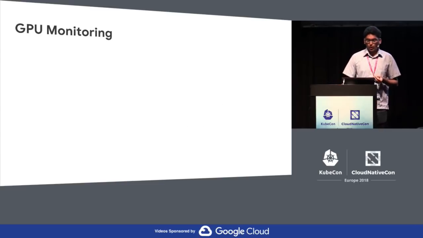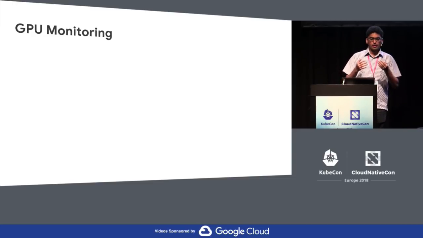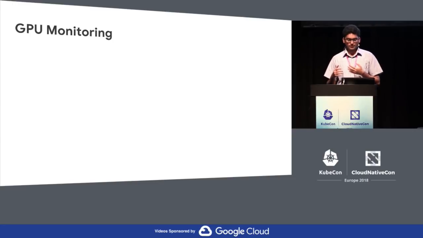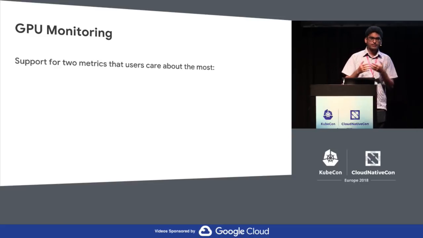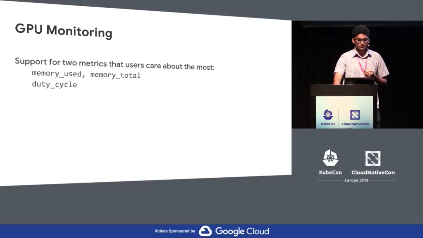One of the other things which your users may want after you have a GPU cluster is GPU metrics for their workloads. Kubernetes already supports a couple of important metrics which users care about for their workloads. These are memory usage and GPU duty cycle.